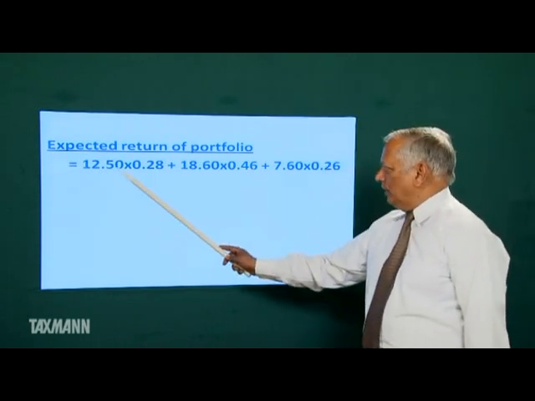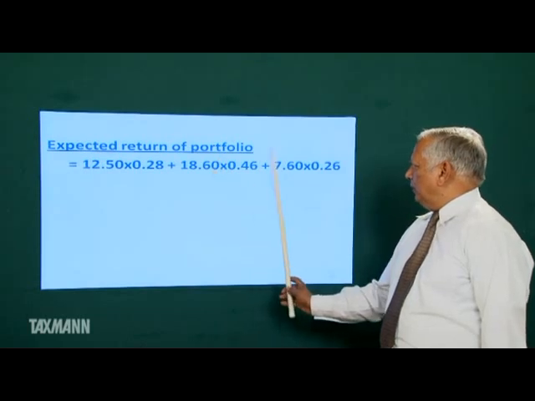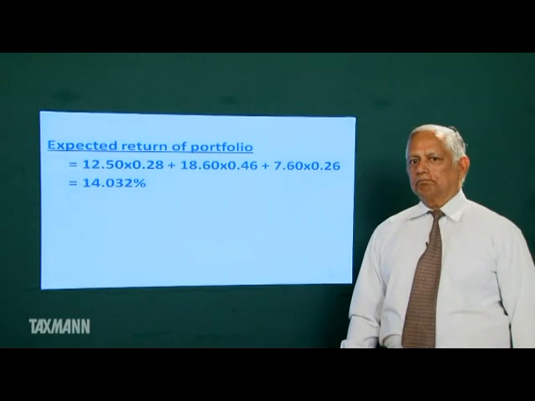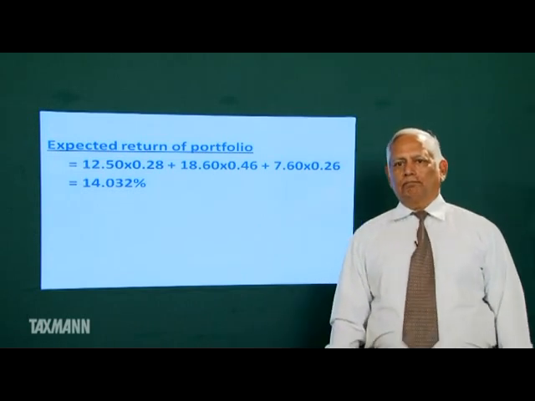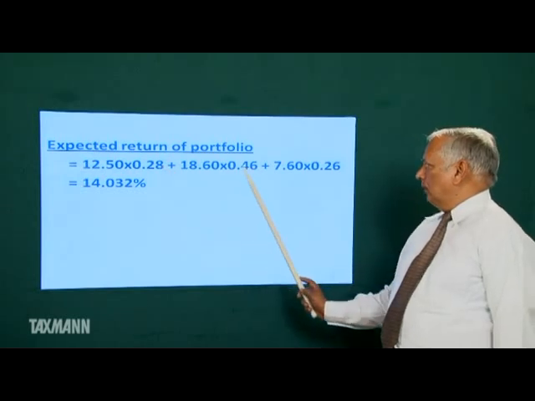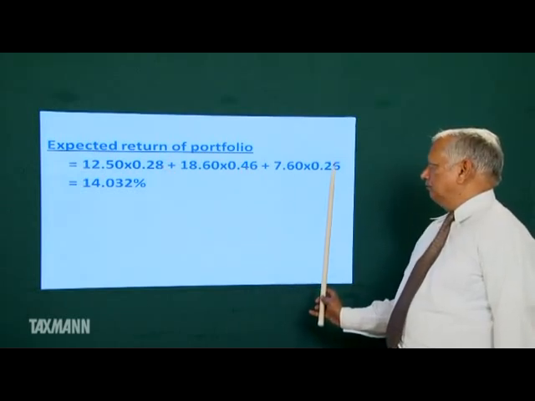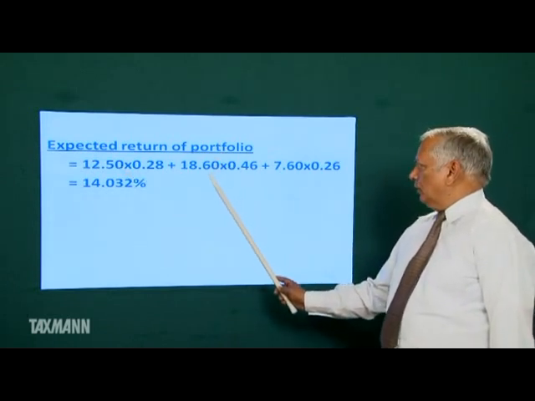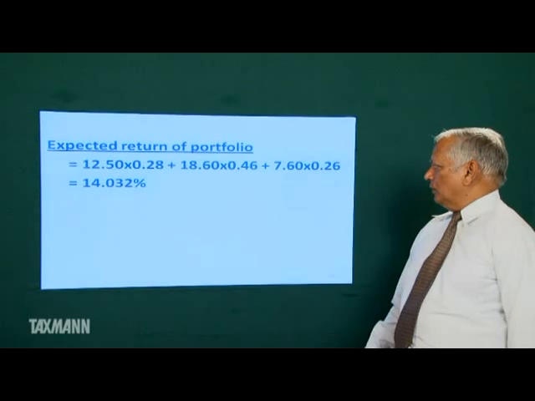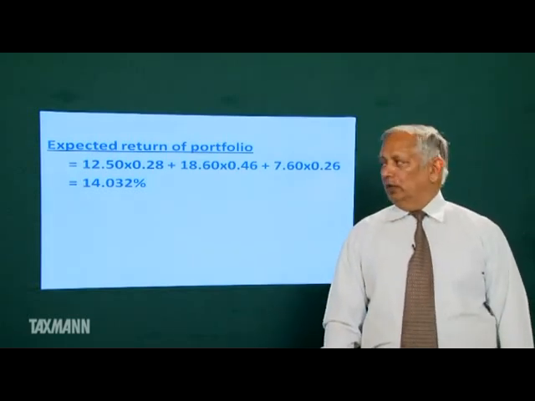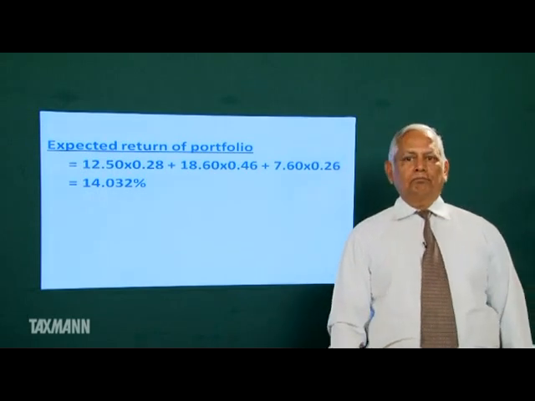We are given the expected return of A, expected return of B, risk free return of C. W1, W2, W3. Expected return of security A, expected return of security B, risk free return of security C. So, expected return of this portfolio is 14.032%.